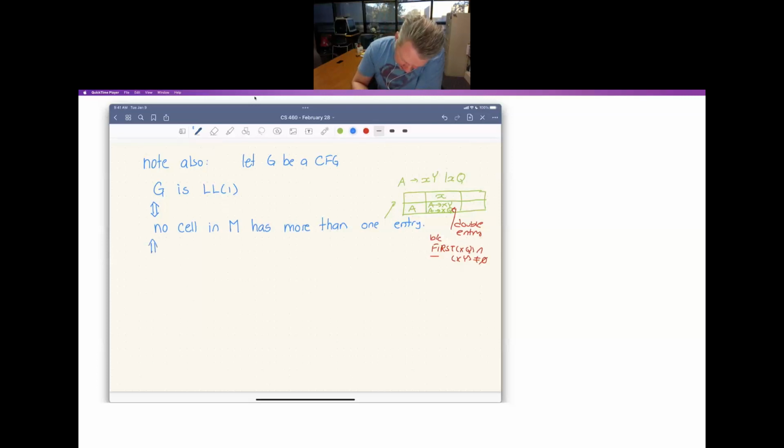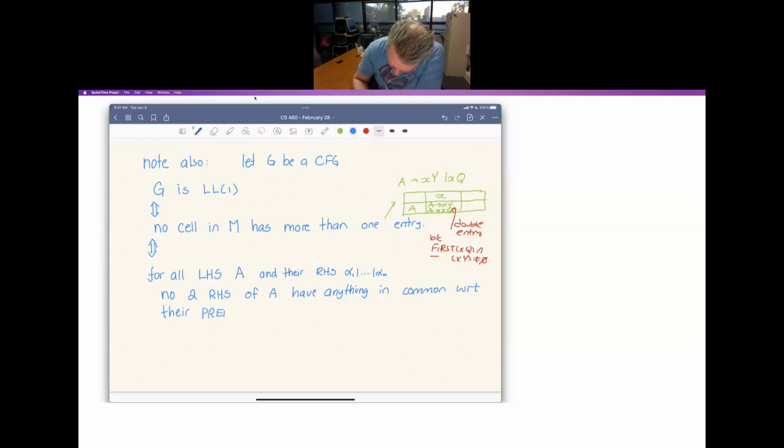So we can now say that this is the same as saying: for all left-hand sides A and their right-hand sides, I'm going to call them alpha 1 through alpha n, no two right-hand sides of A have anything in common with respect to their predict sets.